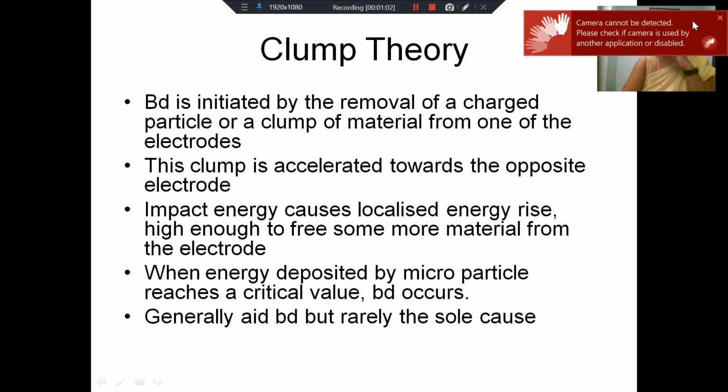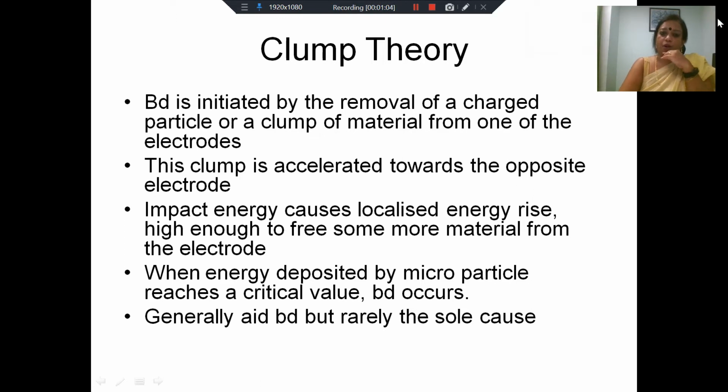So you have the removal of a charged particle or a clump of material from one of the electrodes. It may not be just one particle, but maybe a very small clump of material which is removed. And this clump is a charged particle also, a charged clump, maybe a conglomeration of particles, and this will now be accelerated towards the opposite electrode.